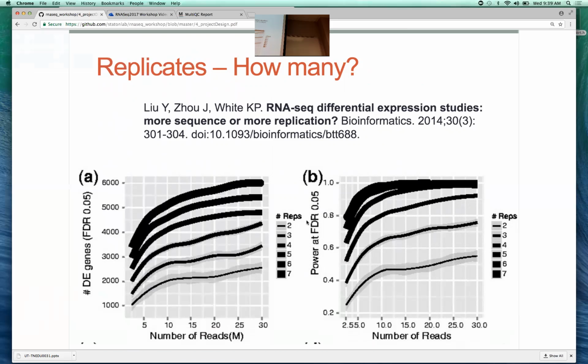And the same thing over here with the power at FDR 0.05. Your power is going up vastly when you add replicates. What's interesting is Jim was showing me some data from colleagues at a conference, and they were showing the opposite: the number of differentially expressed genes was going way down with biological replicates.